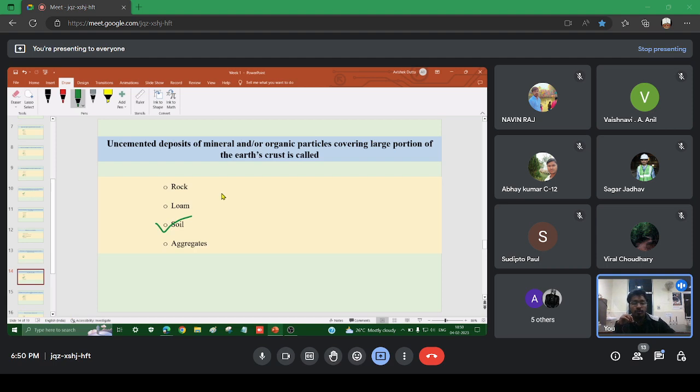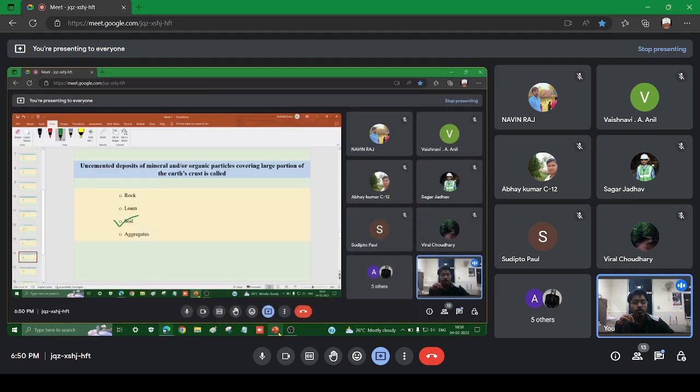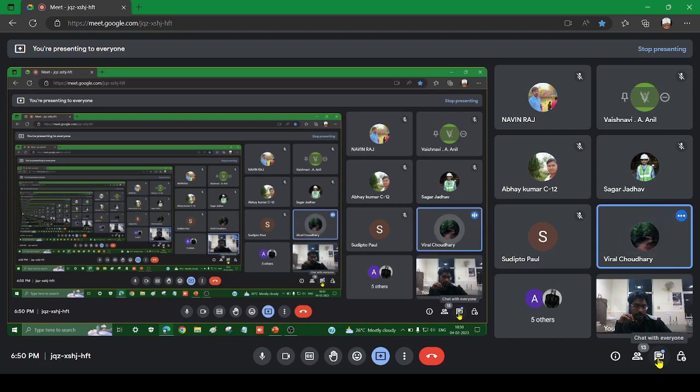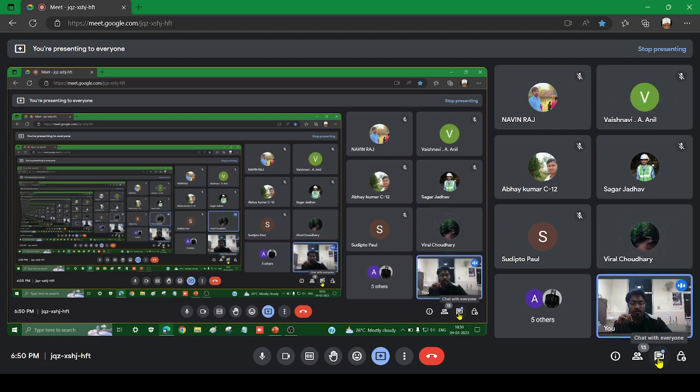Can anyone explain to Ram Kumar what is loam? What is the composition of loam? Sand, silt, clay. Yes, the composition of loam is sand, silt, and clay in approximately equal proportions. It is a type of soil. Okay, Ram Kumar.